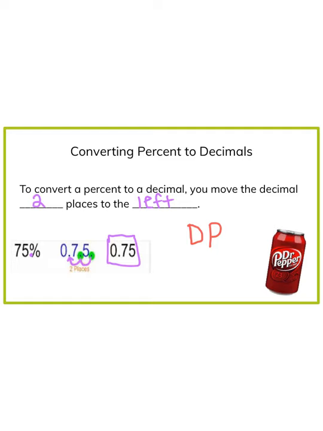In this case, we are converting a percentage to a decimal. So we're starting with the P of Dr. Pepper, and so I need to move to the left 2 times. This is a quick way to remember which direction you need to move the decimal point when converting.